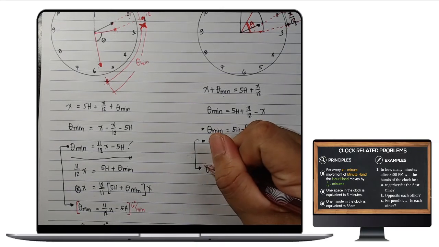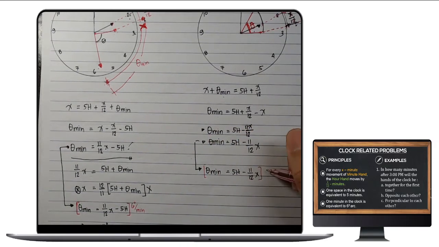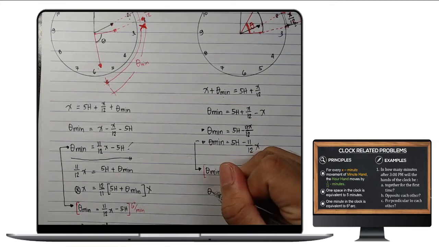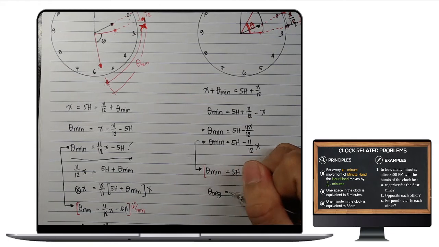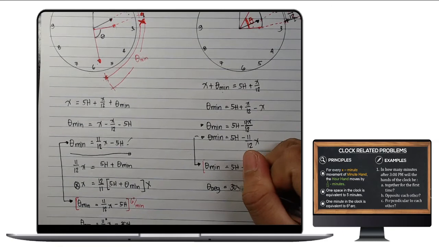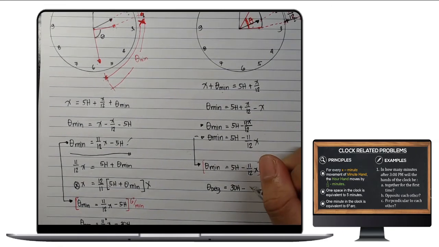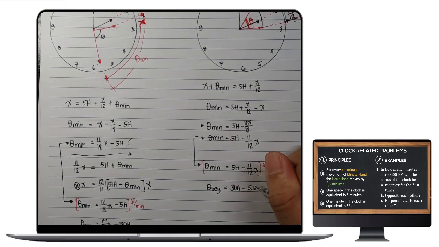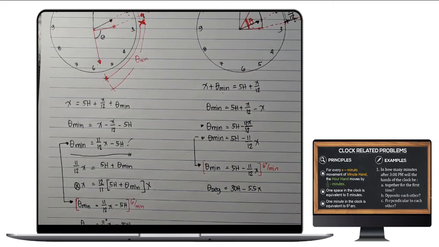So, i-convert natin ito in degrees using the conversion 6 degrees per minute. So, i-multiply lang natin yan. So, yung theta natin dito will be theta in degrees na. Then, 5 times 6, that is 30h minus 5.5x or 11 over 2x. Okay? So, you can use this formula.